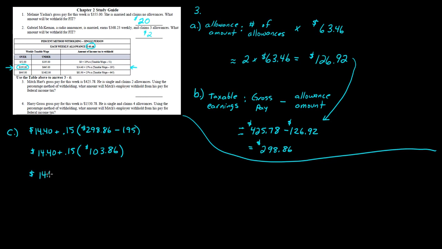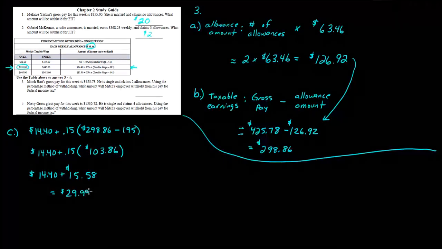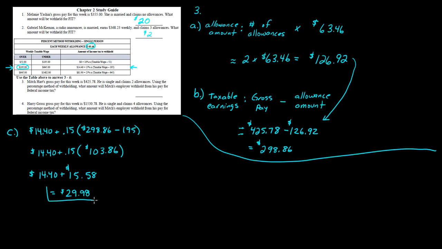So I have $14.40 plus, and when I multiply that out, it gives me 15.58. Add those together, and I get $29.98. So my final answer, the answer that I need here, is the amount of taxes withheld using the percentage method, $29.98.